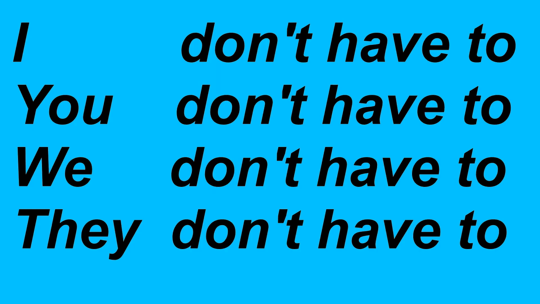So I don't have to wear a tie to work. Obviously, I can go with an open collar. I can show my neck. I don't have to wear a tie. Now, I don't have to, you don't have to, we don't have to, they don't have to. But he doesn't have to, she doesn't have to, it doesn't have to.